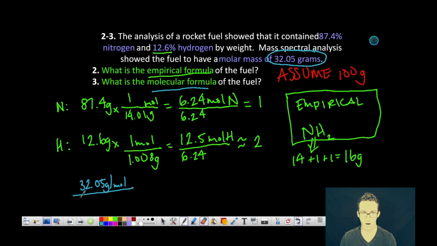So all we need to do is take that 32.05 grams and compare it to our roughly 16 grams from the empirical formula, which tells us that our molecular or actual formula is roughly 2 times larger than your empirical.